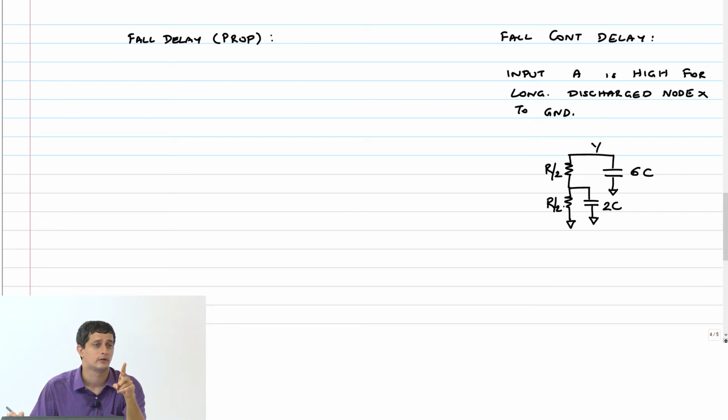That's the key point here. The current still needs to go through that bottom NMOS transistor connected to A, and that still offers a resistance. It is just that the capacitance has already been discharged, okay?